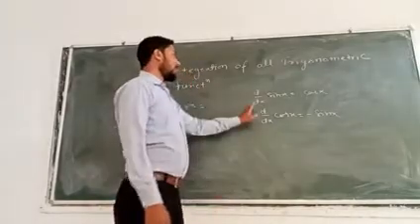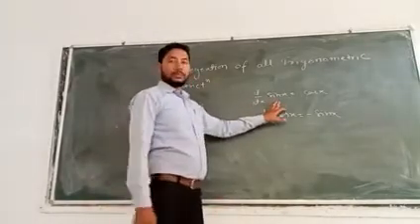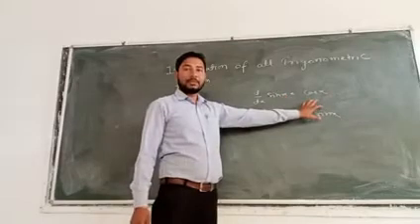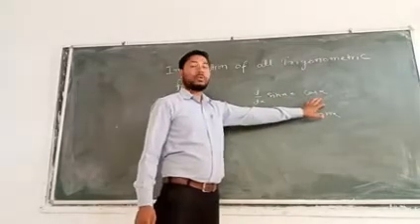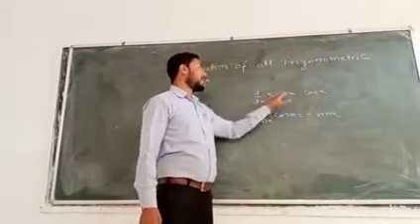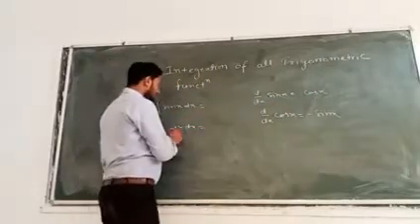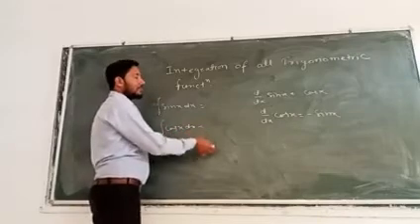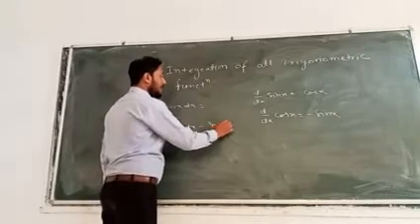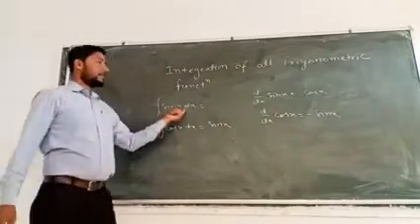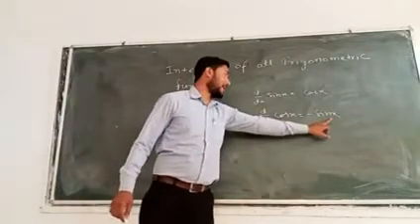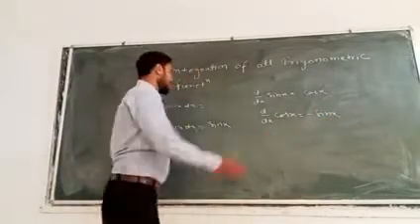That means when we differentiate sin x, we find cos x. But when we integrate cos x, we find sin x. That means the integration of cos x will be sin x, and integration of sin x will be minus cos x.